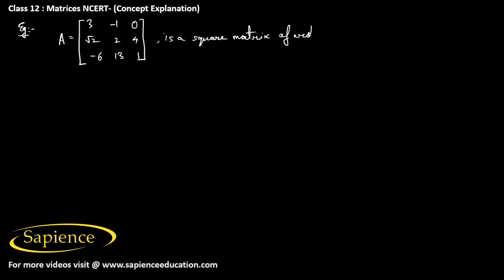Suppose, for example, we have the matrix A, which is like this: 3, -1, 0, √2, 2, 4, -6, 13, 1. So this matrix A is a square matrix of order 3, since it has 3 rows and 3 columns.